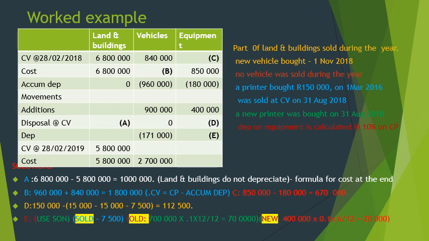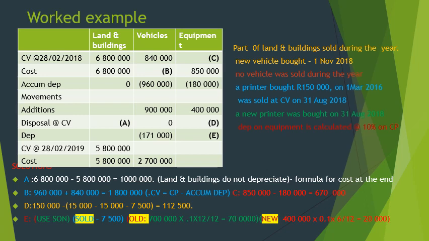So it was bought 1st of March 2016. 1st of March 2016 until 28 February 2017, that is one financial year. Depreciation is 15,000. Then 1st of March 2017 to 28 February 2018, full year, another depreciation of 15,000, 10% of 150,000.